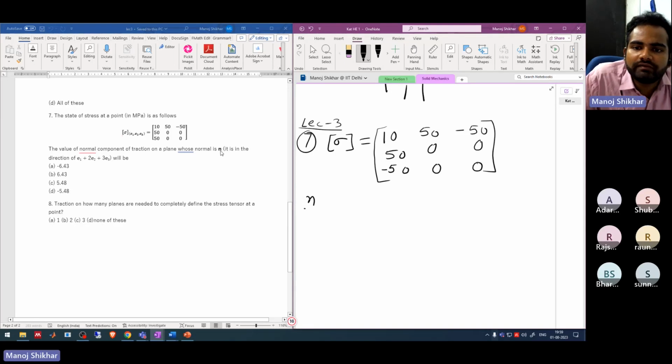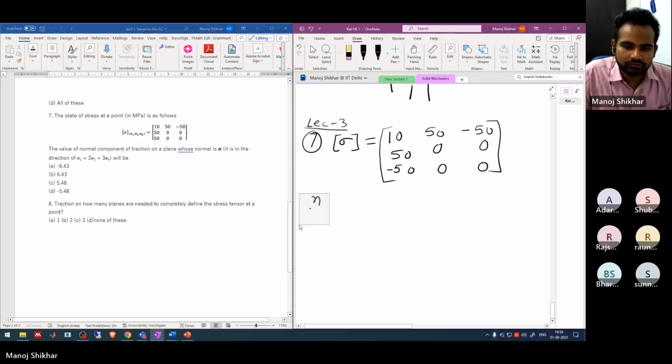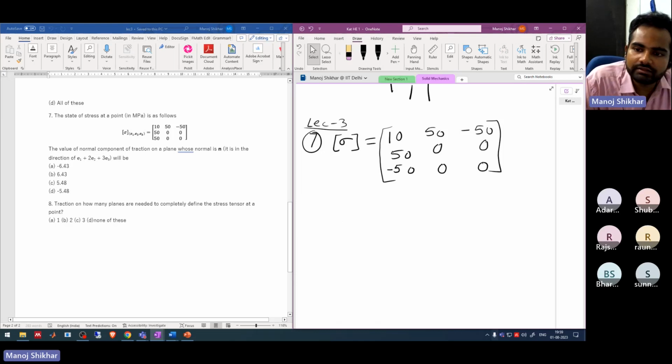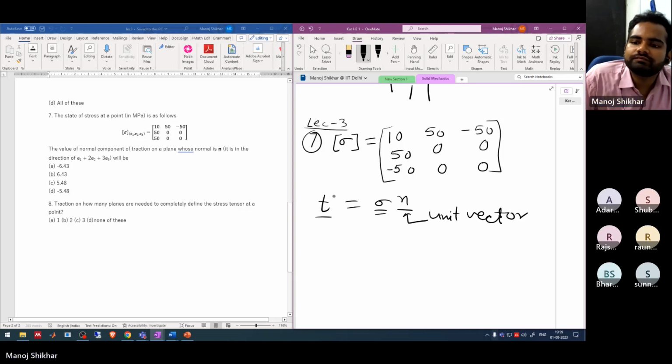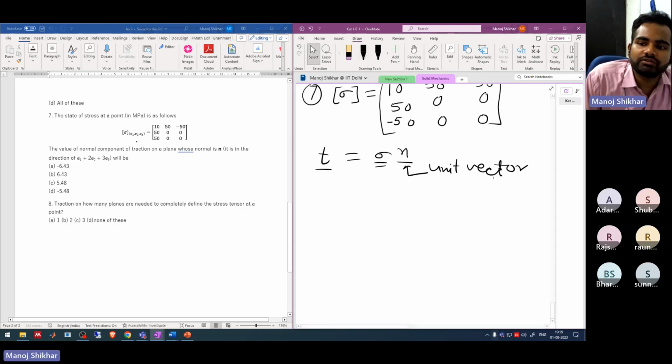And the normal vector which we write in the traction equation, when we write T equal to sigma n, here it is a unit vector, not any vector along n. Students do this mistake a lot. So first we will have to find what is this n.